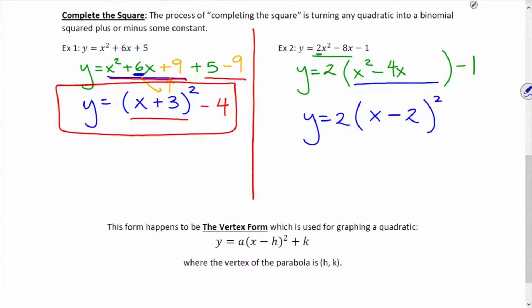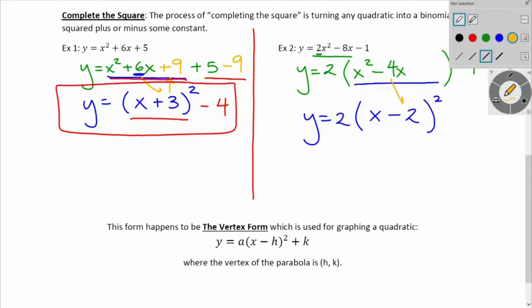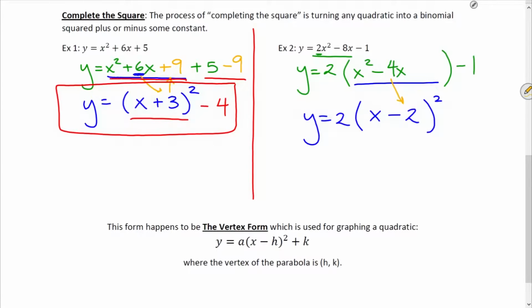And that half that we noticed before, we're doing half of negative 4, is negative 2, because x minus 2 squared gives me the x squared and the minus 4x that I need.